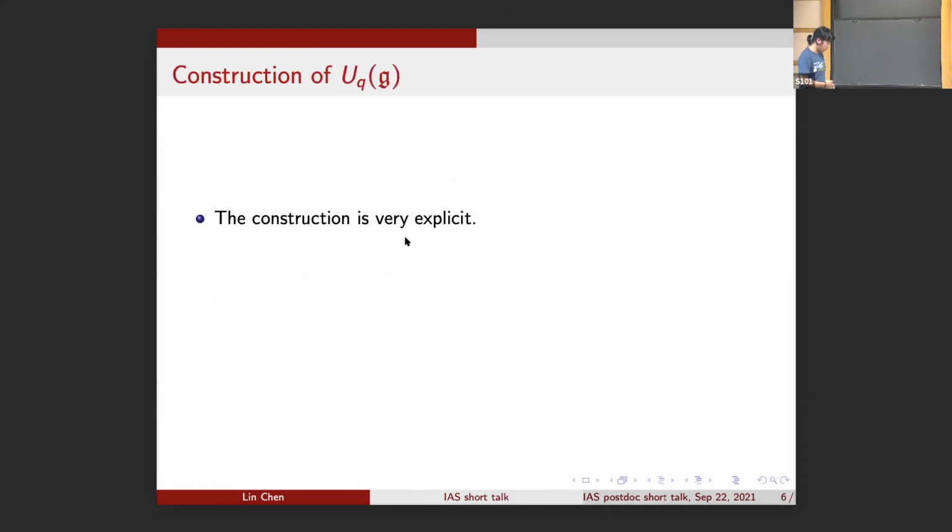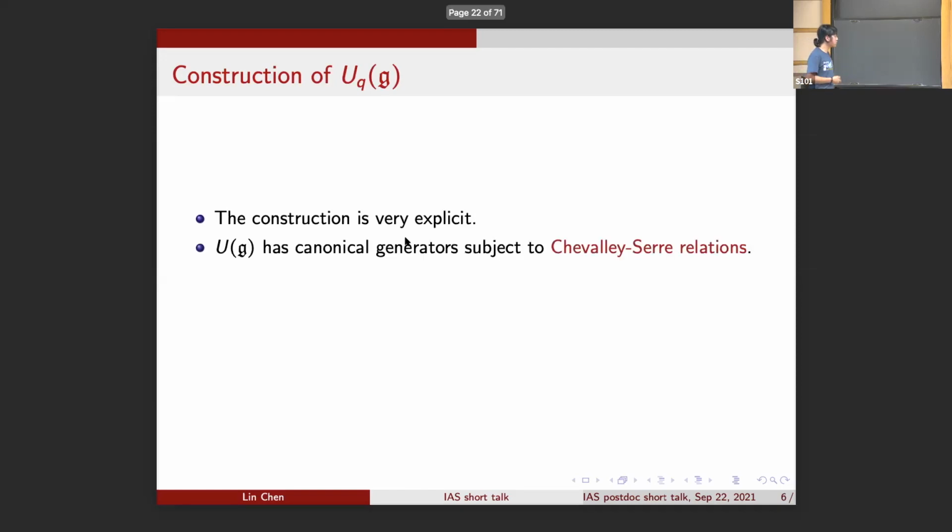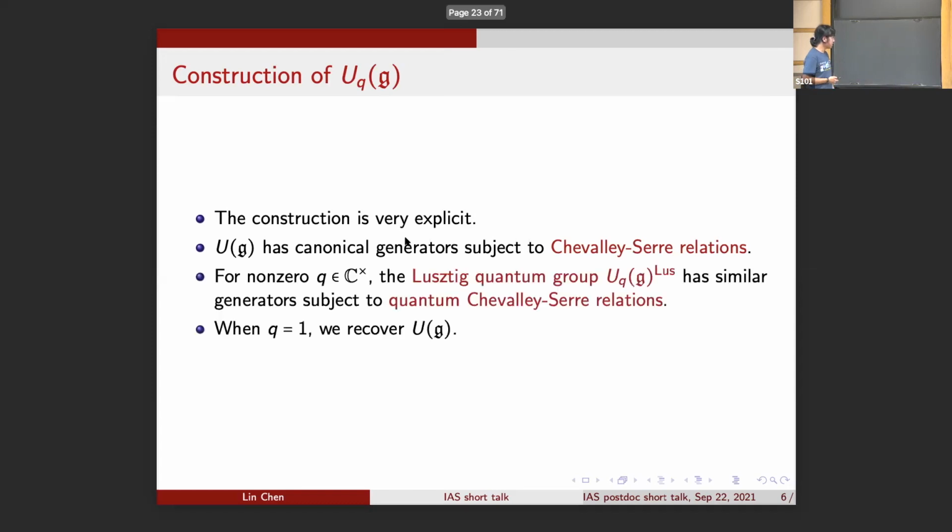This deformation can be made by a very explicit construction. I will not write down the formula, I'll just explain the ideas. U(g) has some canonical generators called Chevalley generators, subject to Chevalley relations. Then for each non-zero complex number q, there is something called Lusztig's quantum group, which is an associative algebra. It has similar generators subject to similar relations called quantum Chevalley relations.